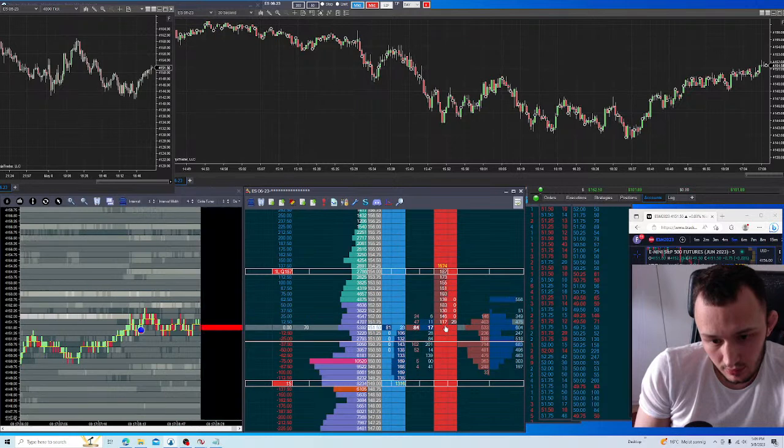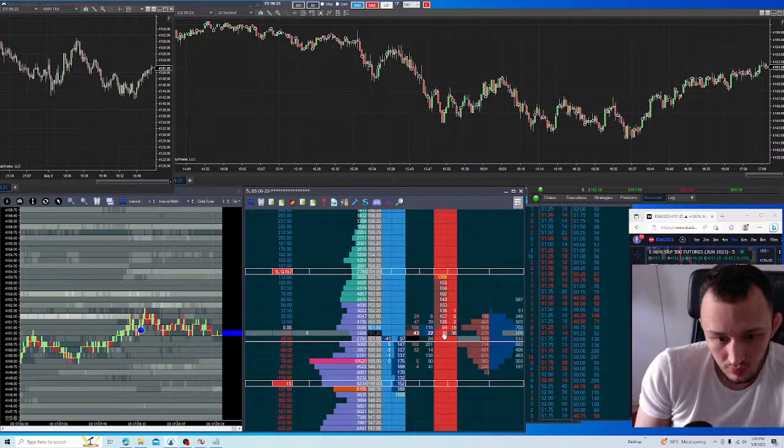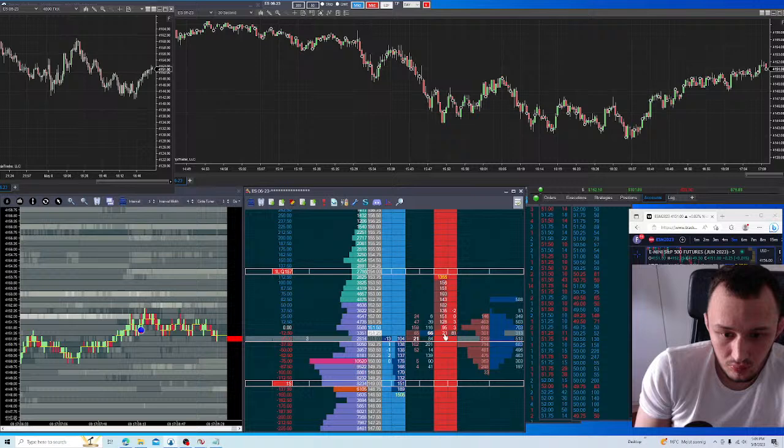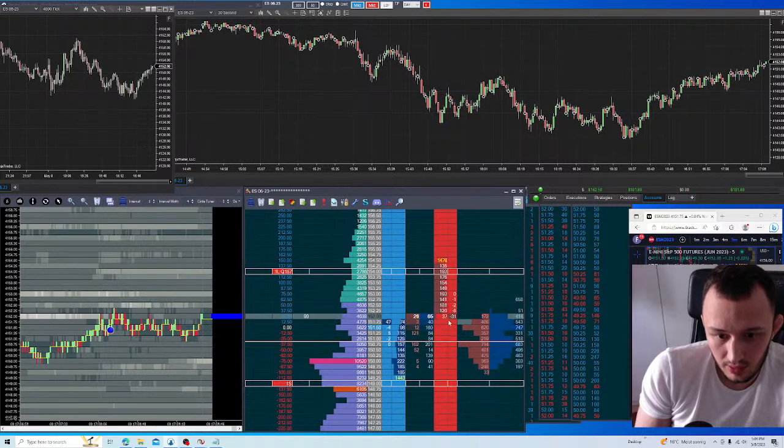I do think this breakout was real. That's why I exited the other trade. Now I'm entering long. Not the best entry here at the top of the bell curve, but I do see this breaking, like we're running out of sellers.